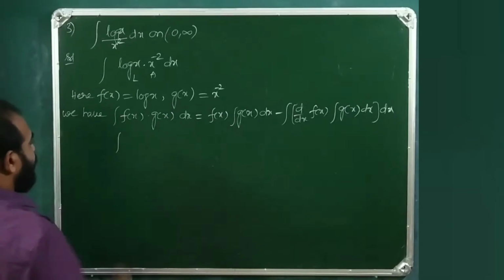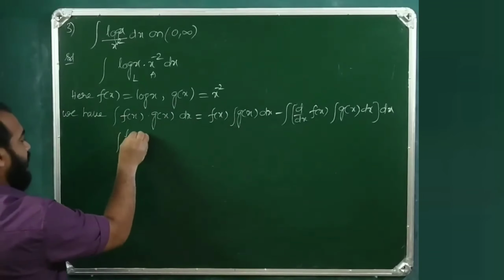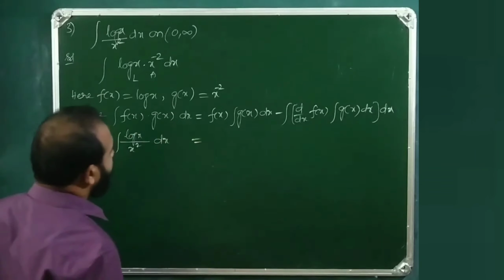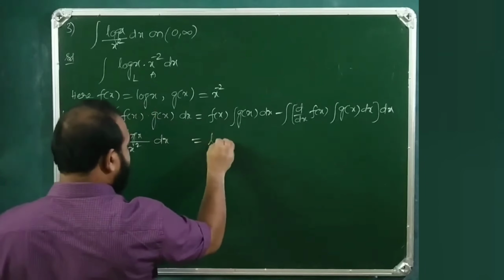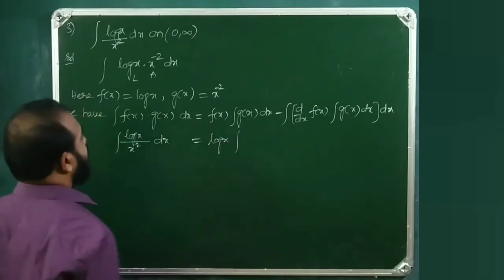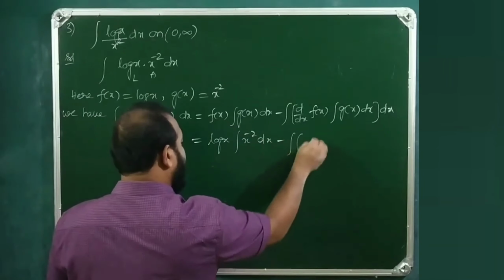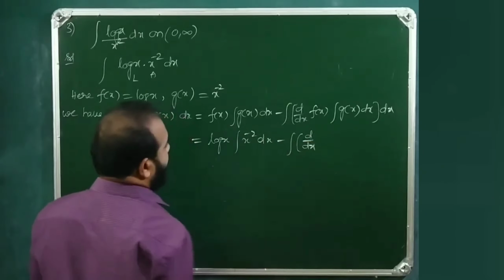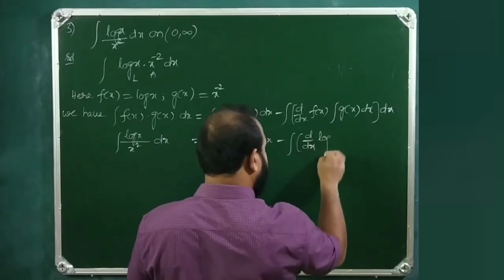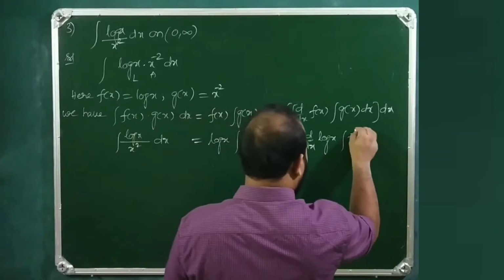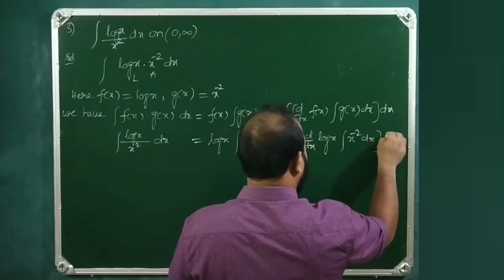So this is equals to log x by x square dx is equals to f of x is log x into integral of g of x, x power minus 2 dx, minus d by dx of f of x, log x, into integral of g of x, x power minus 2 dx, whole dx.